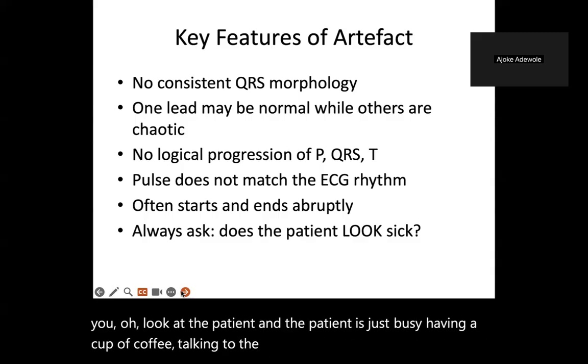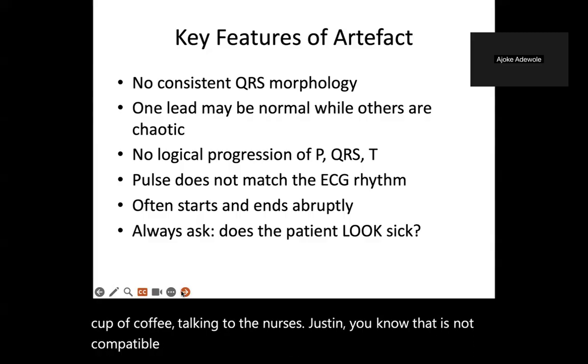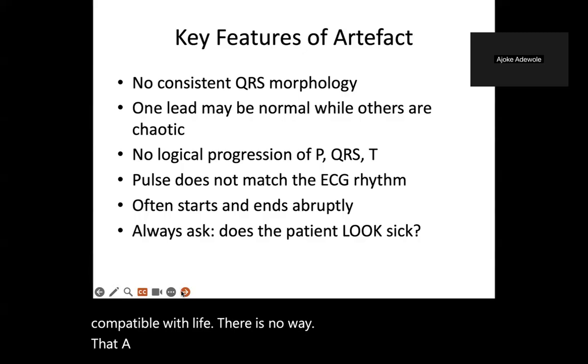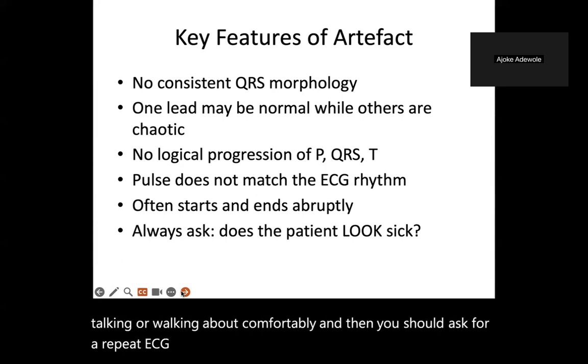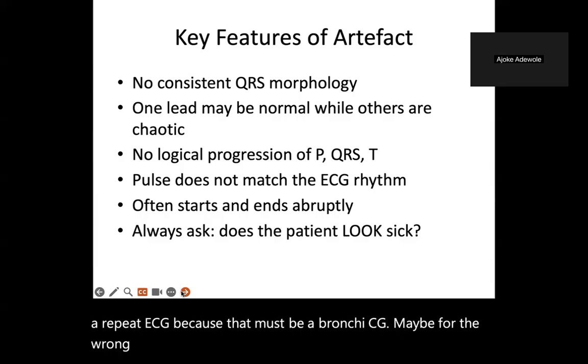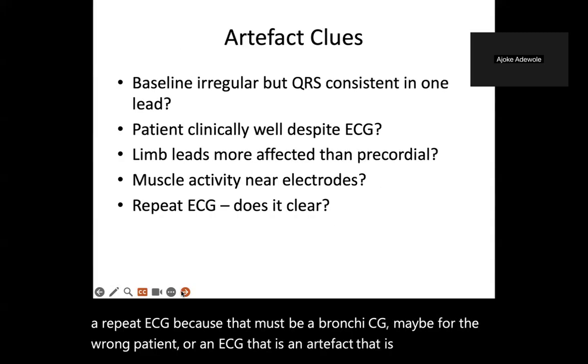That is not compatible with life. There is no way a patient in ventricular fibrillation will be standing, talking, or walking about comfortably. Then you should ask for a repeat ECG, because that must be a wrong ECG, maybe for the wrong patient, or an ECG that is showing artifacts.